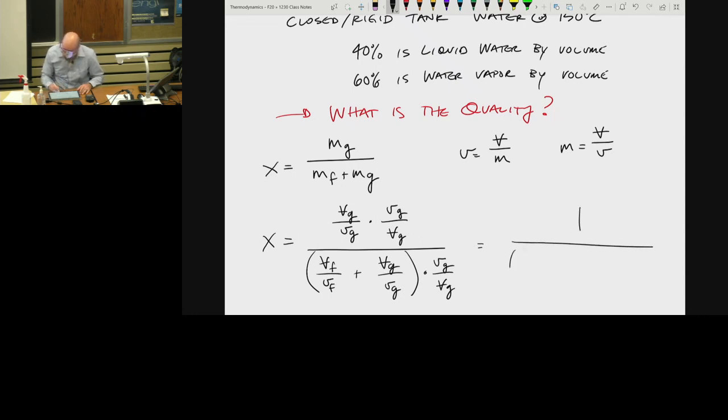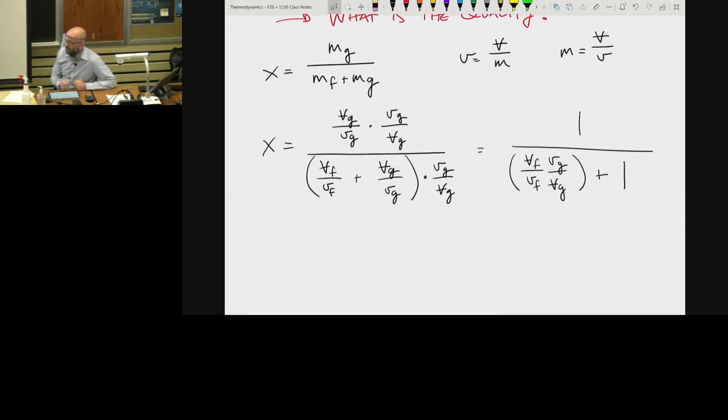And then the bottom is going to be Vf over Vf times Vg all over Vg plus 1. Okay, so it just simplifies it a little. Maybe it's enough for you to feel like that's useful. Maybe not. Maybe you didn't want to do that step.